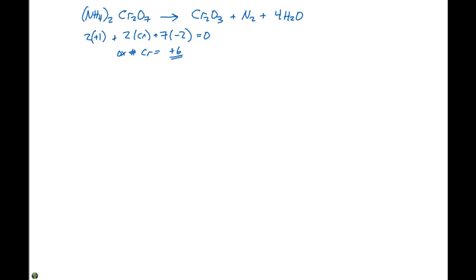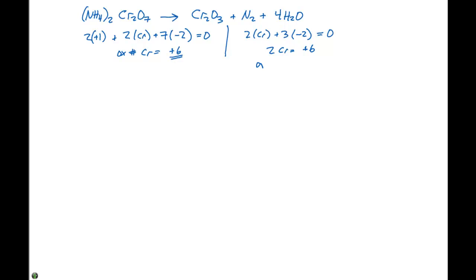On the product side, we have Cr2O3. So we have 2 times the oxidation state of chromium plus 3 times the oxidation state of oxygen, which is -2, has to equal 0. So here 2 times the oxidation state of chromium is going to equal +6.